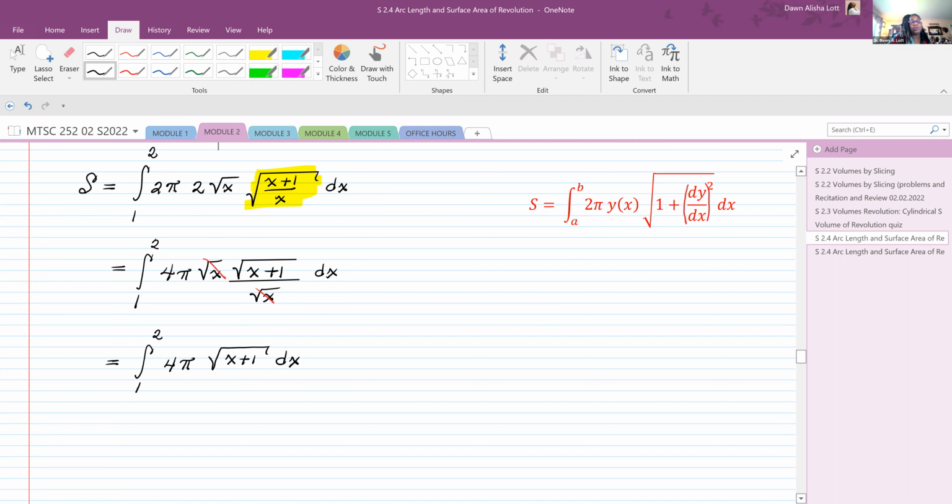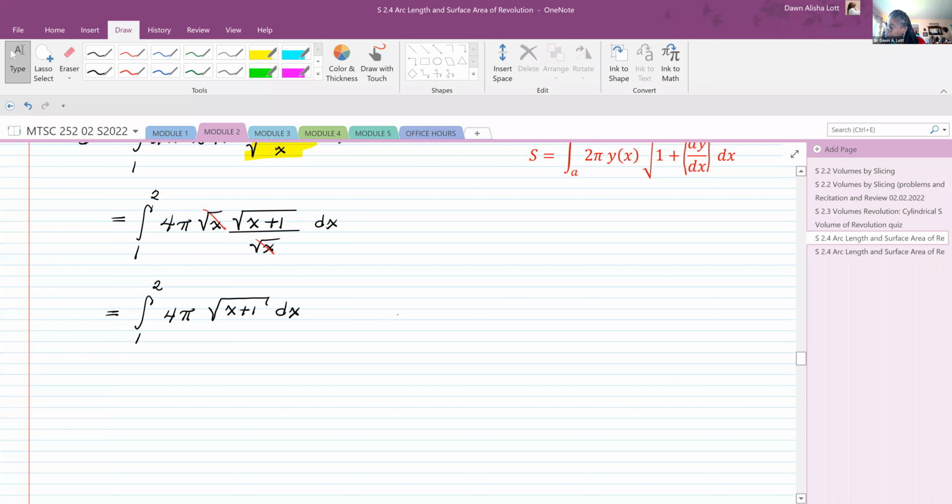You can use substitution. You get u is equal to x plus 1, du is dx. When x equals 1, u equals 2. And when x equals 2, u equals 3. Okay, so that's the whole substitution right there.